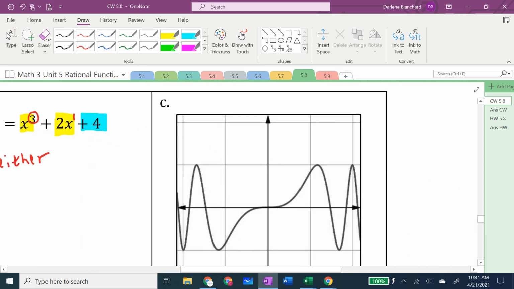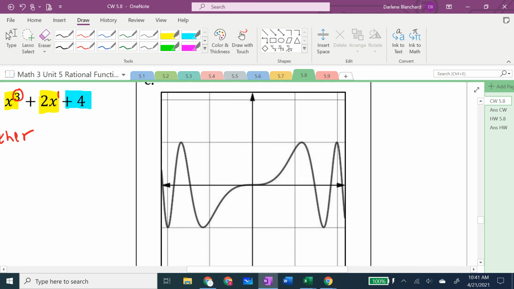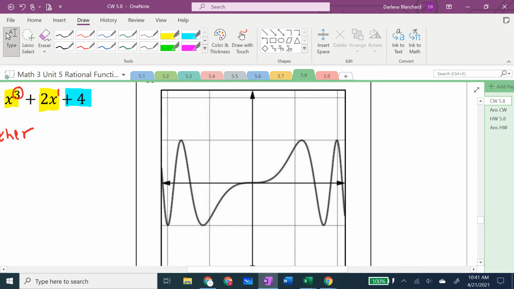And then next we've got a lovely graph. Does that graph look like it's even, odd, or neither? Neither. Let me make sure that you see where the x and the y axes are. This is your y-axis.